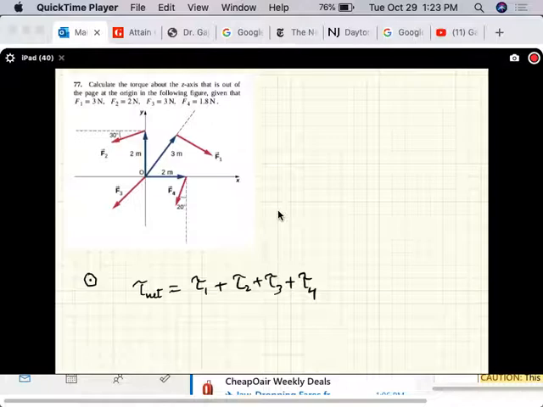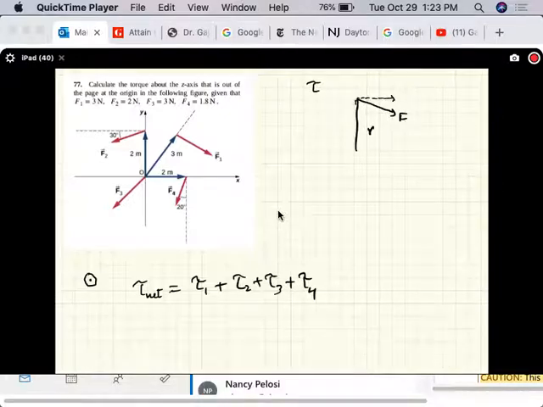Now, to calculate the torque, we'll put in signs by hand. Here's an example. Here's R. If the force is like that, we break down the force into two components, this component and that component.